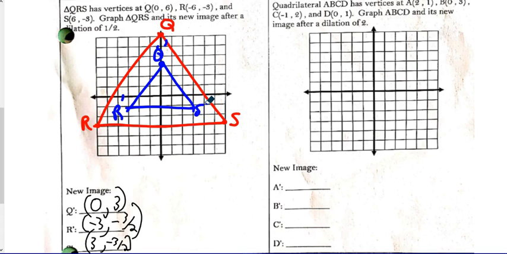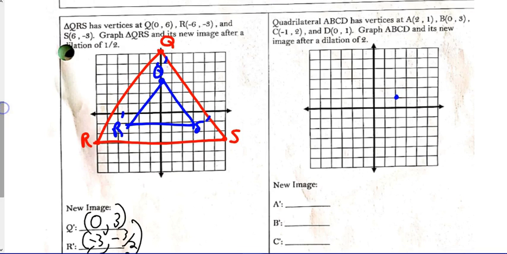All right, quadrilateral ABCD: A at 2, 1, B at 0, 3 it looks like. Yep, 0, 3. C at -1, 2, and D at 0, 1. This is a tiny little quadrilateral.